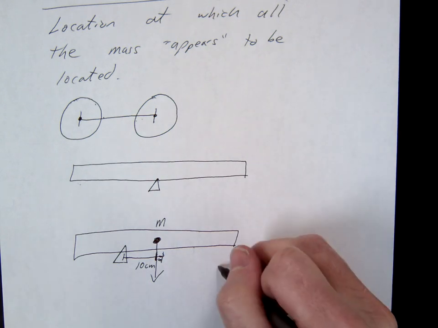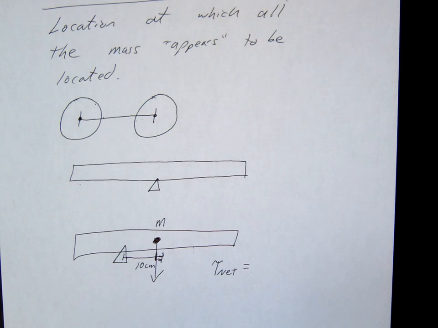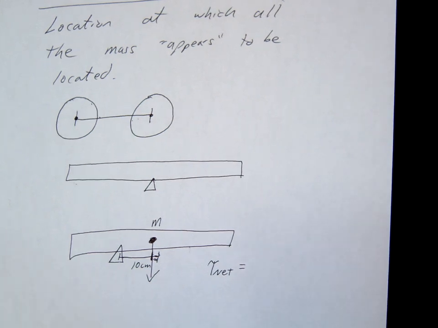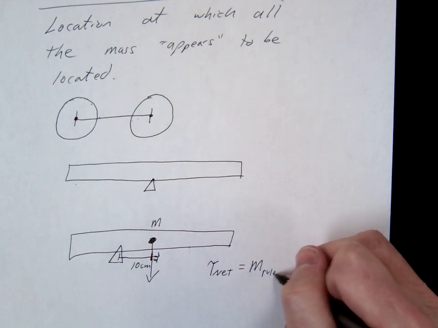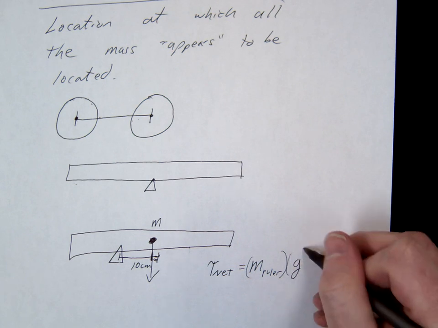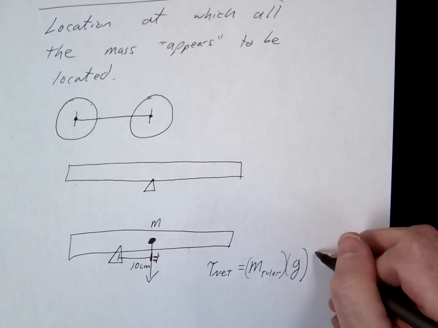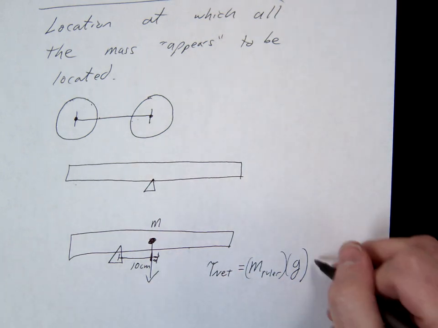And so the net torque here of this ruler would be equal to, well, in this case, we'll just call it the mass of the ruler times g times the distance of the center of mass to the fulcrum.